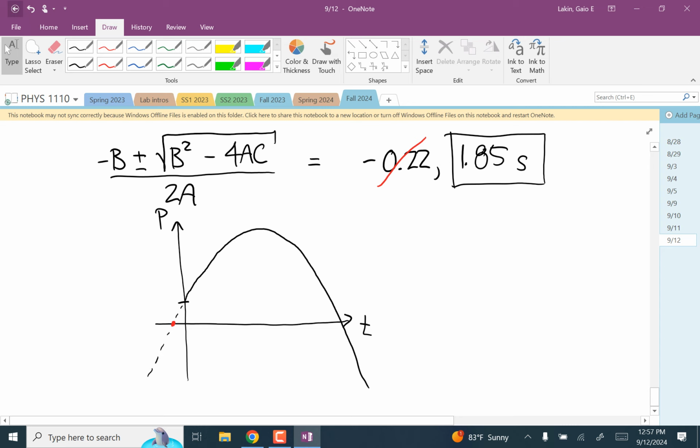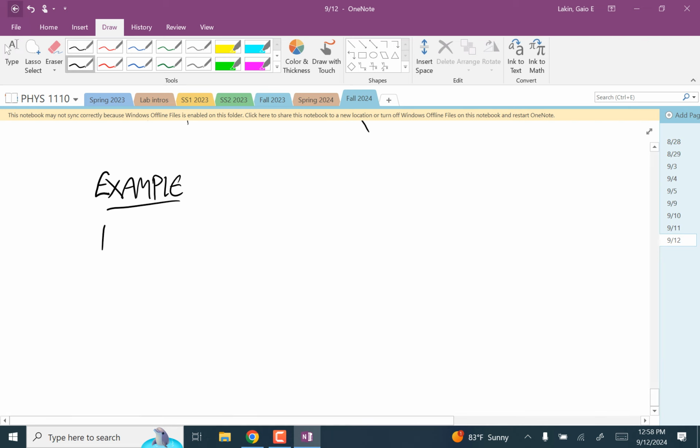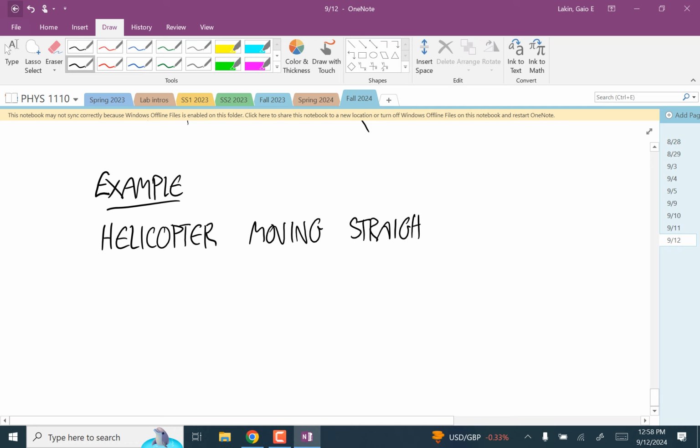Okay, I want to do one more problem. I'm not going to do multiple parts on it, but this has two more things that I want to make sure that you've seen before. This is a helicopter moving straight up at 3 meters per second.